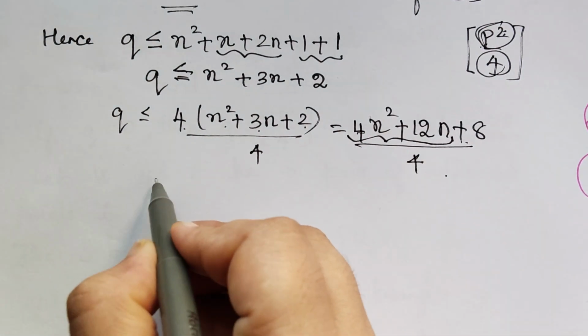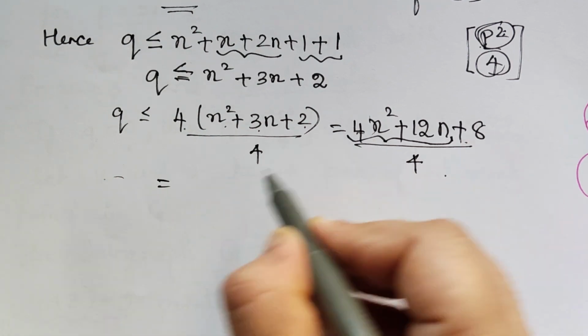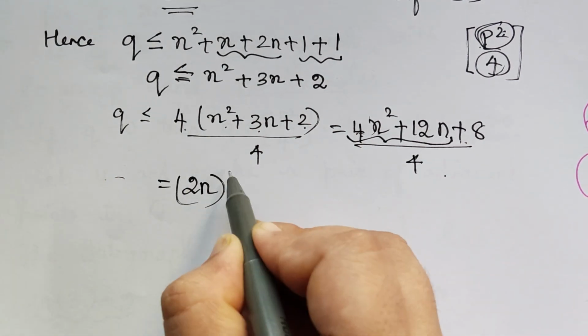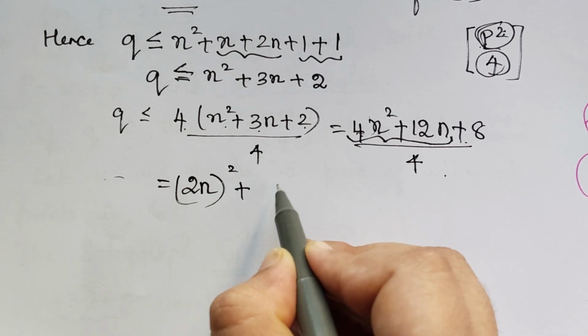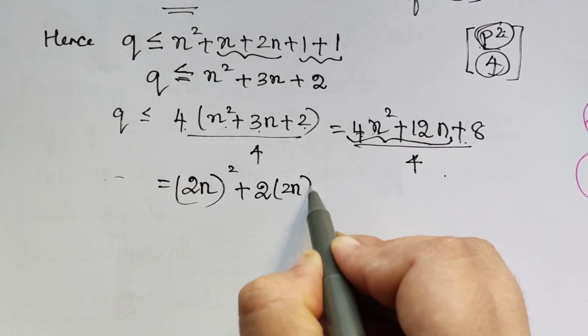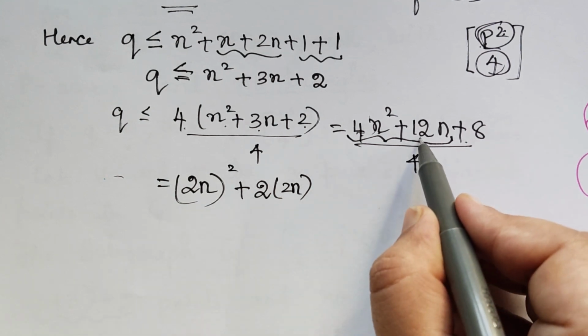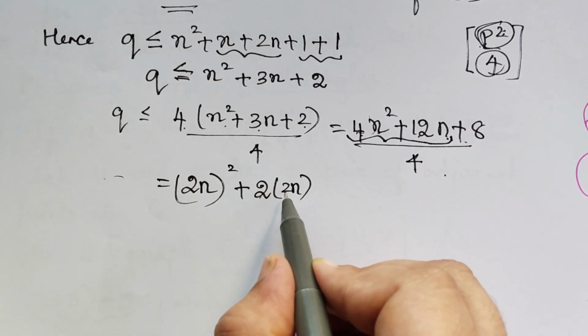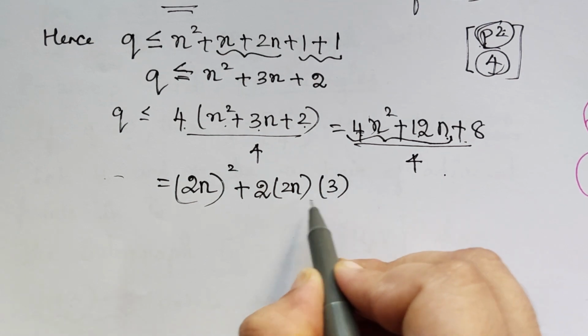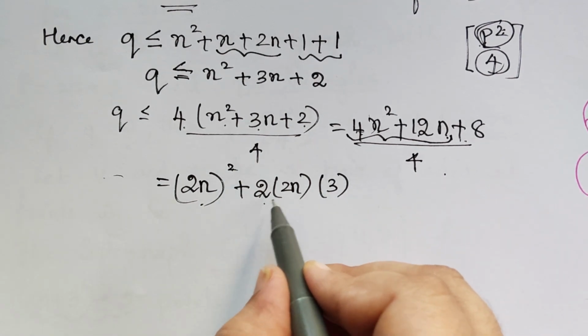So this 4n square can be written as 2n the whole square plus 2ab. So a is 2n. So 2 multiplied with 2n. And the remaining will be from 12n, we have 4n here. 4 multiplied with 3 is 12. So multiplied with 3. Now this is like a square plus 2ab.